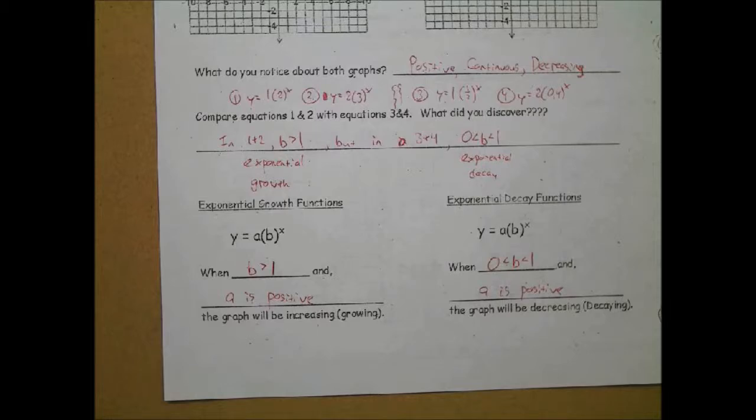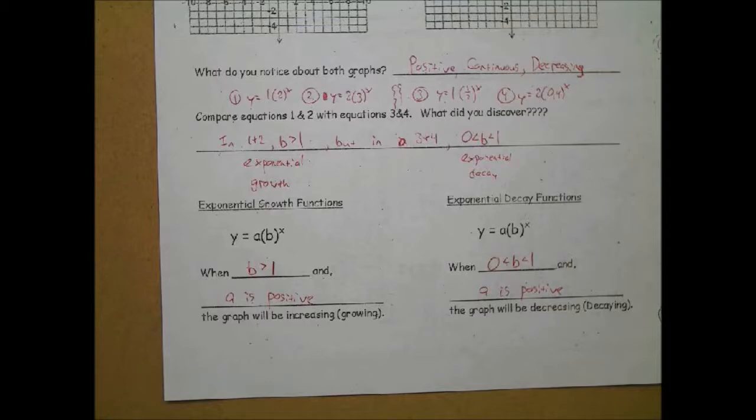When you multiply by 1, the value doesn't change. So if I have b as 1, I'll have 1 to the x. I can do times 1, times 1, times 1. Nothing's going to change. It's always going to be equal to a. So if b is 1, do we even have an exponential function? No, because it's just 1 to the x, it's always going to be 1, so it won't even be exponential.